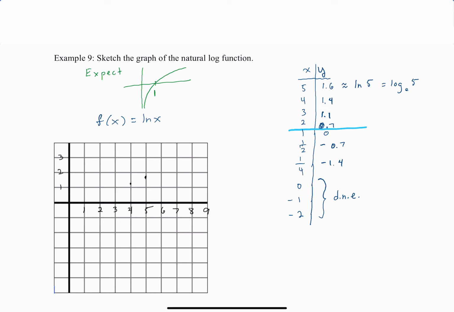We have 3, 1.1. Let's see, I think this 1.4 was a little low. So 4, 1.4, more like there. And then we have 2, 0.7. We have 1, 0.